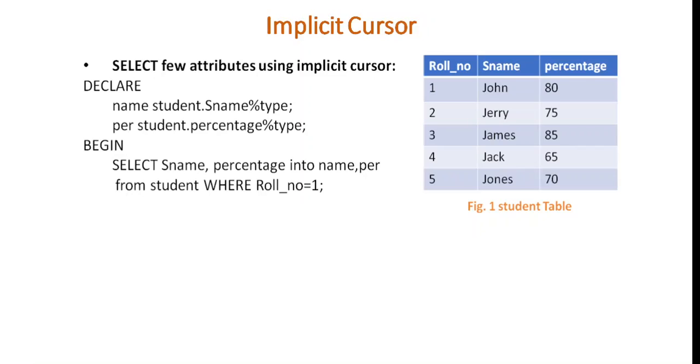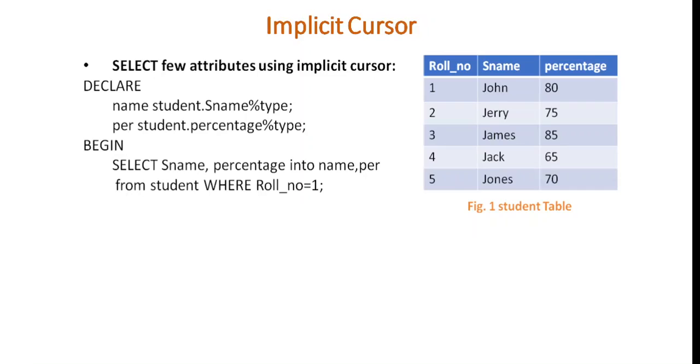So by using a select query, we are fetching data from the sname and percentage attributes into the local variables name and per. Here I want to access data for roll number 1. So I have simply written a query: select sname, percentage into name, per from student where roll number equals 1.